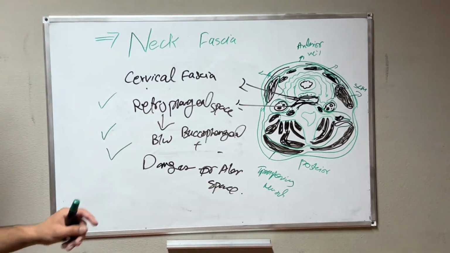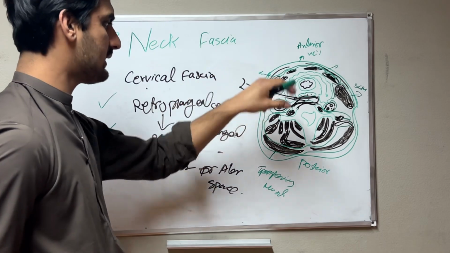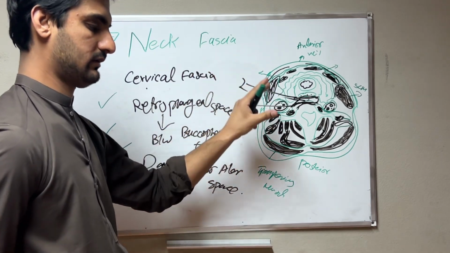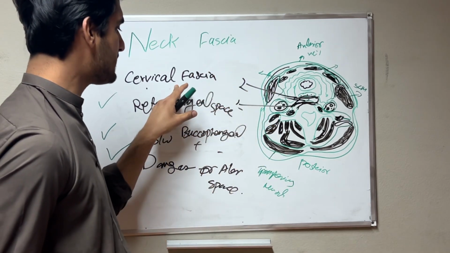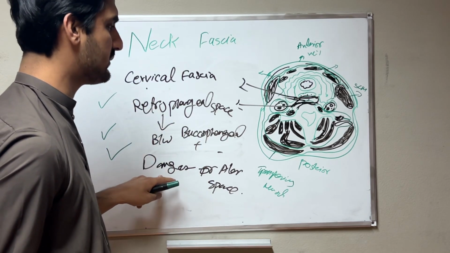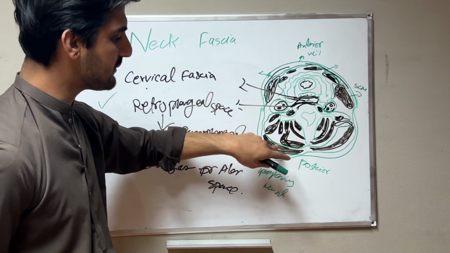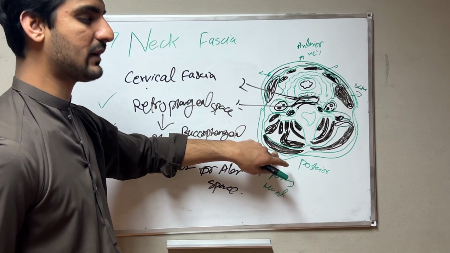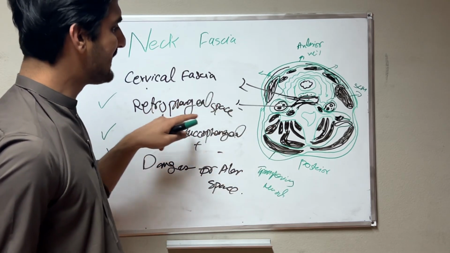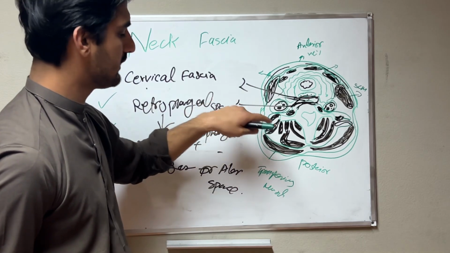Again, we have the cervical fascia, which covers the cervical neck muscles. The cervical fascia is divided into superficial fascia, pretracheal fascia, and prevertebral fascia. The superficial fascia covers the sternocleidomastoid muscle and trapezius muscle. The pretracheal fascia covers the infrahyoid muscles of the neck.